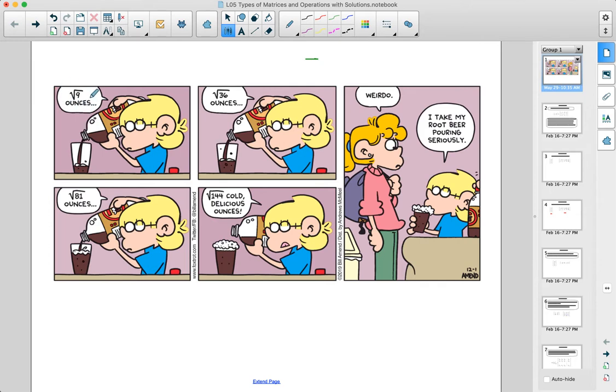So we've got the square root of 9 ounces, counting up to the square root of 36, to the square root of 81 ounces, the square root of 144 cold, delicious ounces for Jason Fox. And Paige, Fox's sister, says, "You're a weirdo." And of course he says, "I take my root beer pouring seriously." Another one of those math puns. Perhaps you liked it, perhaps you didn't. I found that one mildly amusing.